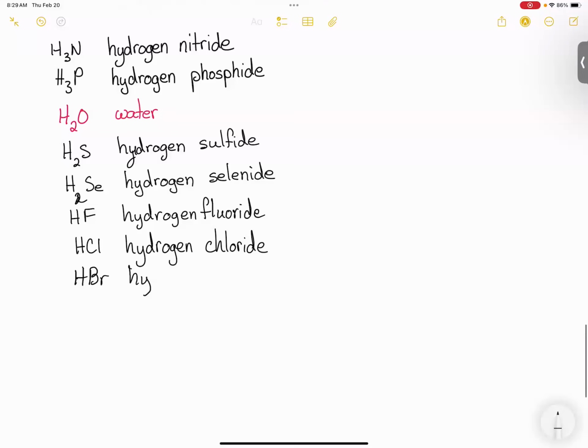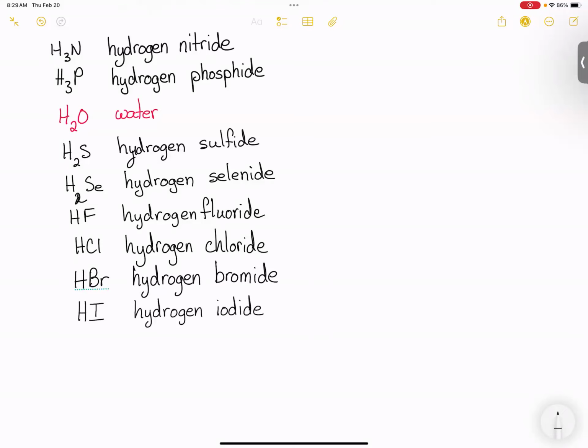HBr is hydrogen bromide. And HI is hydrogen iodide. So again, to name these compounds of hydrogen with a group 15 through group 17 non-metal, you write the word hydrogen followed by the second element with the ending IDE.